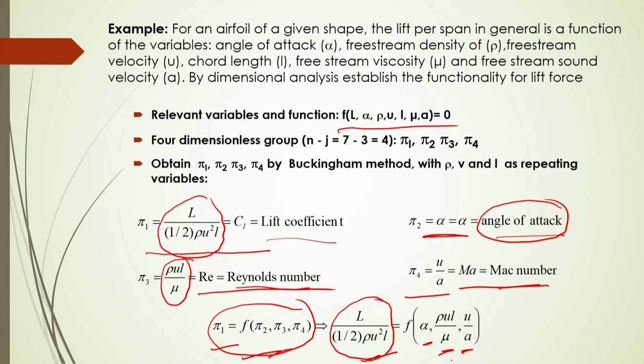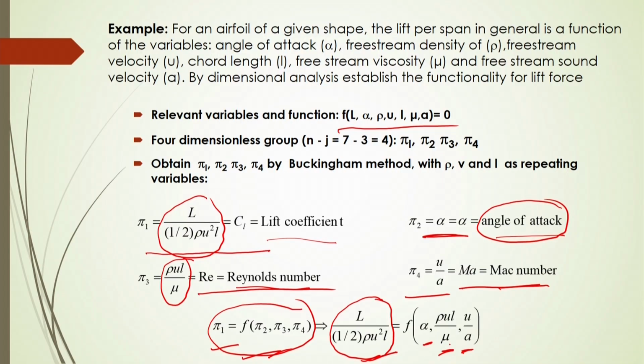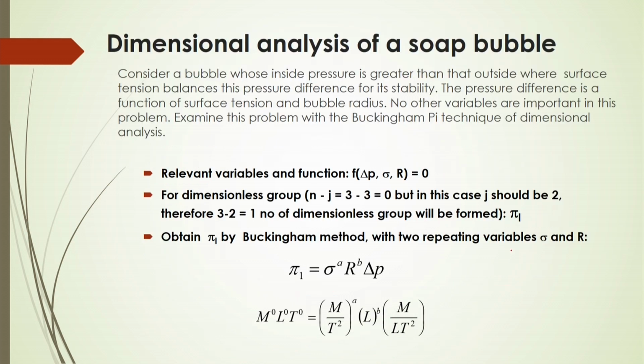Now, if you know the experimental data for the lift coefficient at different values of the independent variables, by changing alpha, rho, u, L, mu and a, then you can obtain the functionality by regression analysis with the experimental data.